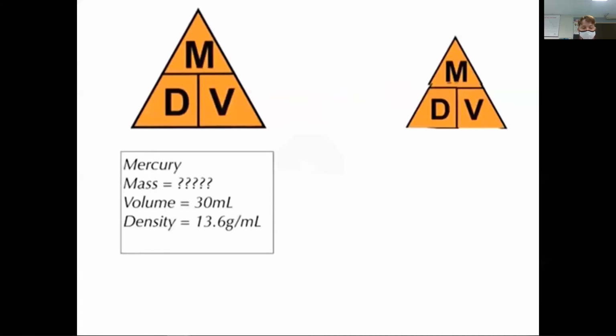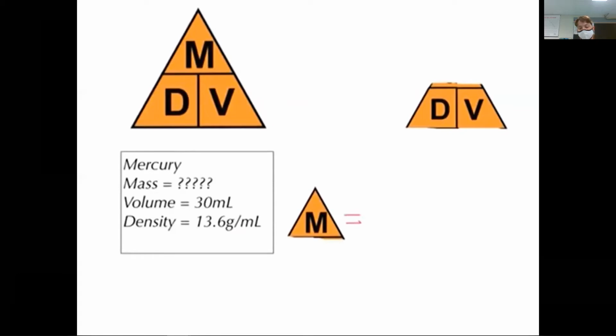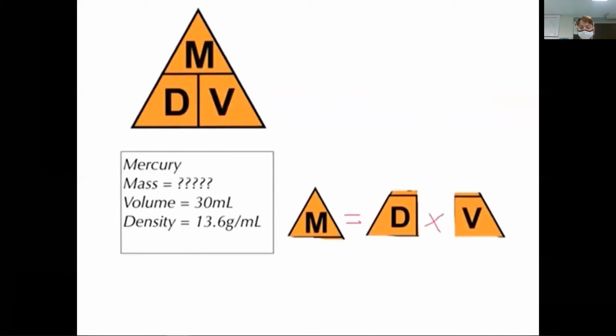So we're now finding the mass of the mercury, and we're given the volume and density. So we can start off by doing M equals because we're trying to find the mass. What's left is the density and volume, and the relationship between two is the bar right here, which is the multiplication bar. So we're going to be doing density times volume.